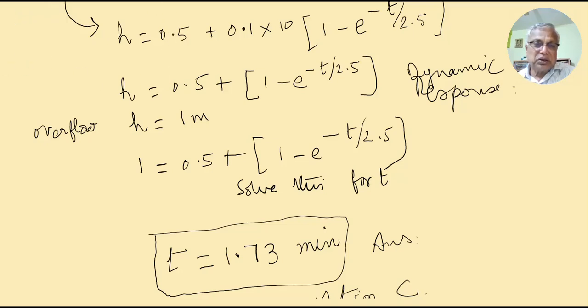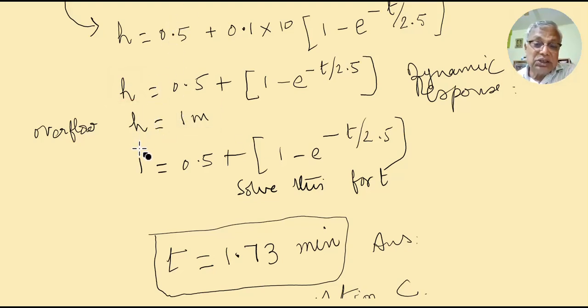We can also find out from this dynamic response equation what will be the height of the liquid level in the tank at different times. We found that at t equal to 1.73 minutes, the tank will overflow. How did we do that?